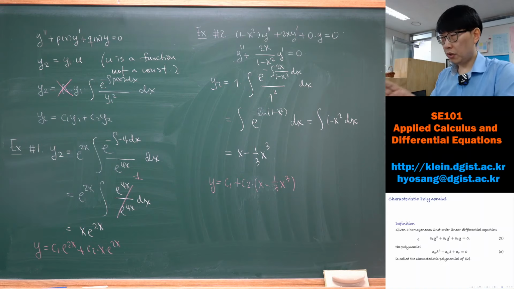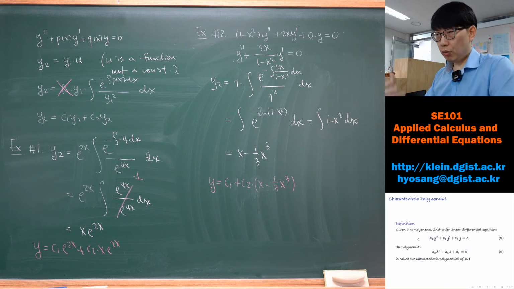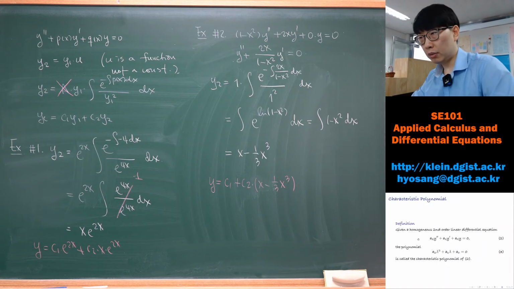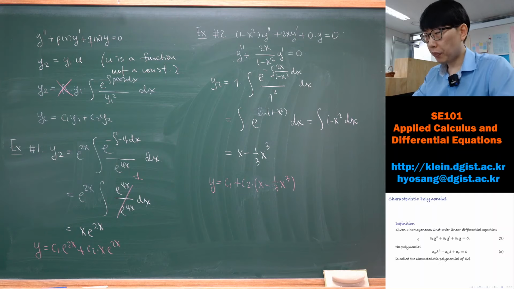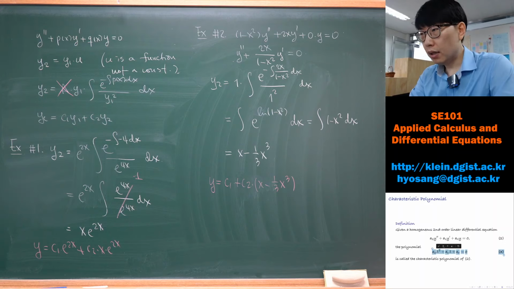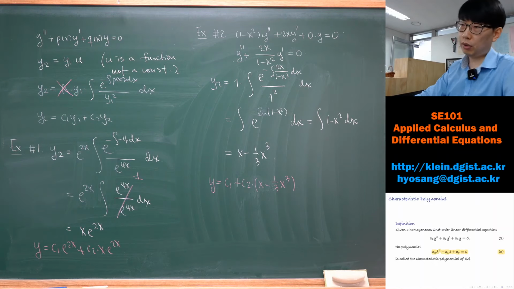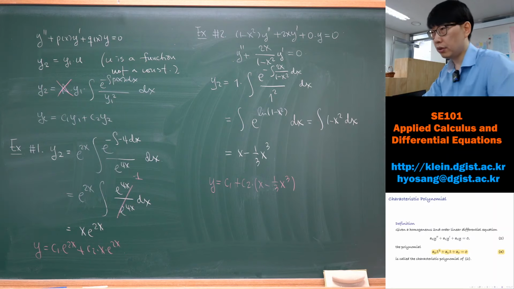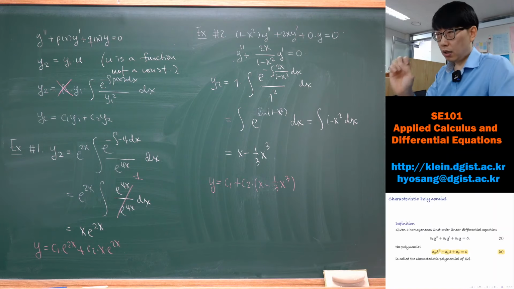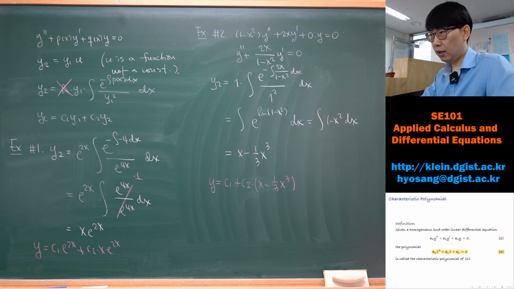We start from the differential equation. Now we replace y double prime with lambda squared, y prime with lambda, and y with 1. Then this equation is called a characteristic polynomial of the differential equation. That's why we need a constant coefficient for every derivative of y in the equation.